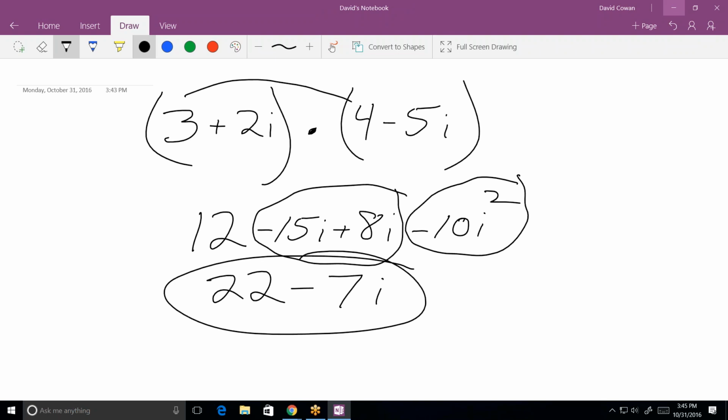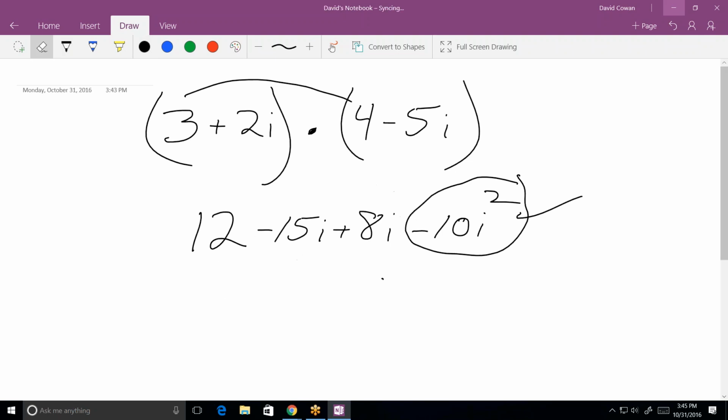So multiplication is just like multiplying polynomials. You can call it FOIL, you can call it ET. The key thing is to always convert what you can turn into a real number into real numbers. And that's usually I squared. You almost always have an I squared in these problems.